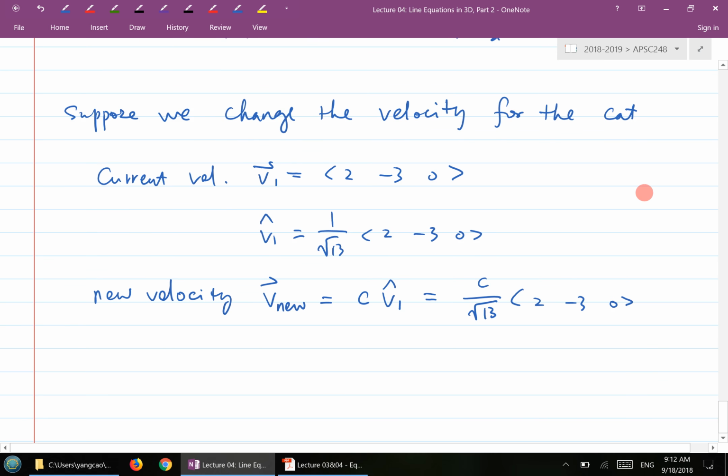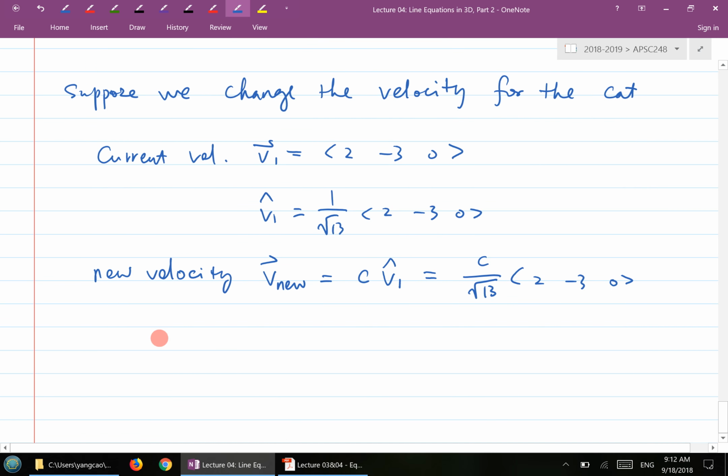Given the new velocity, the cat will have a slightly different parametric equation now. That's c times 1 over root 13, and then there's 2 here too, times t, and y is 7 plus c times negative 3 over root 13 times t.